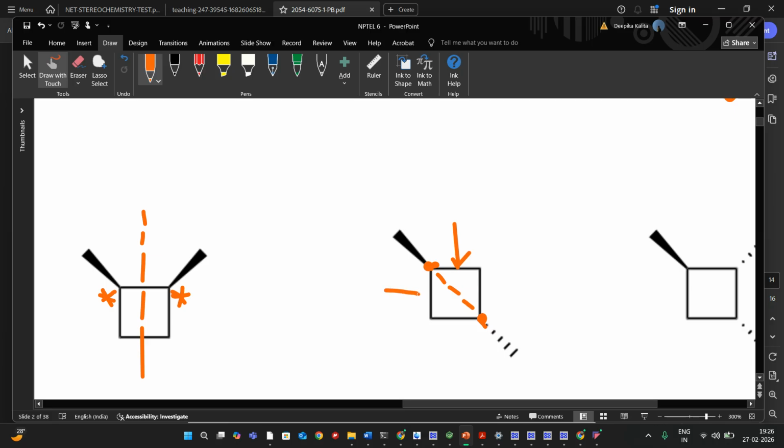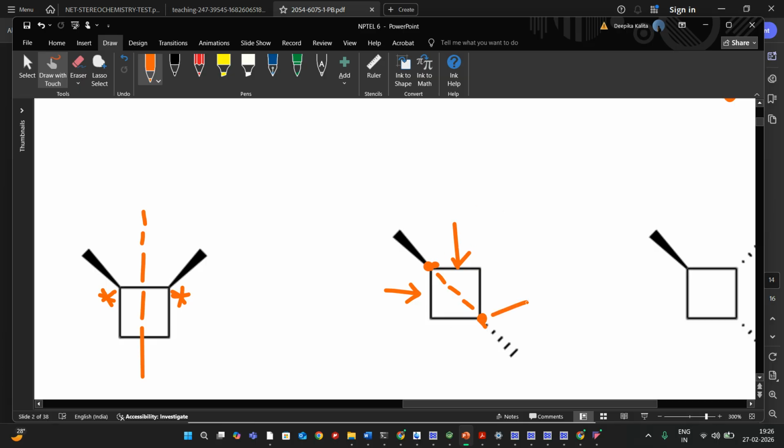each of these carbons are linked to these two substituents and these two are identical at this center. Hence, 2 out of the 4 substituents are identical and that is why the centers will not be asymmetric.